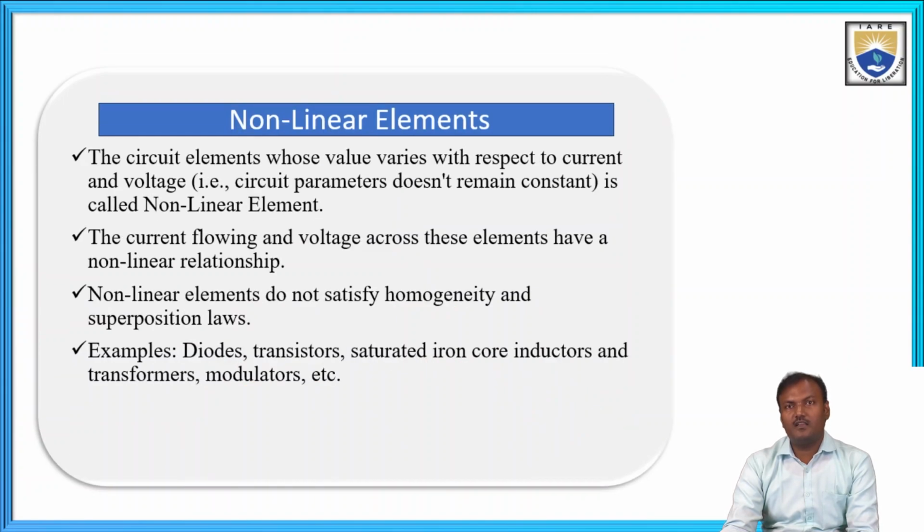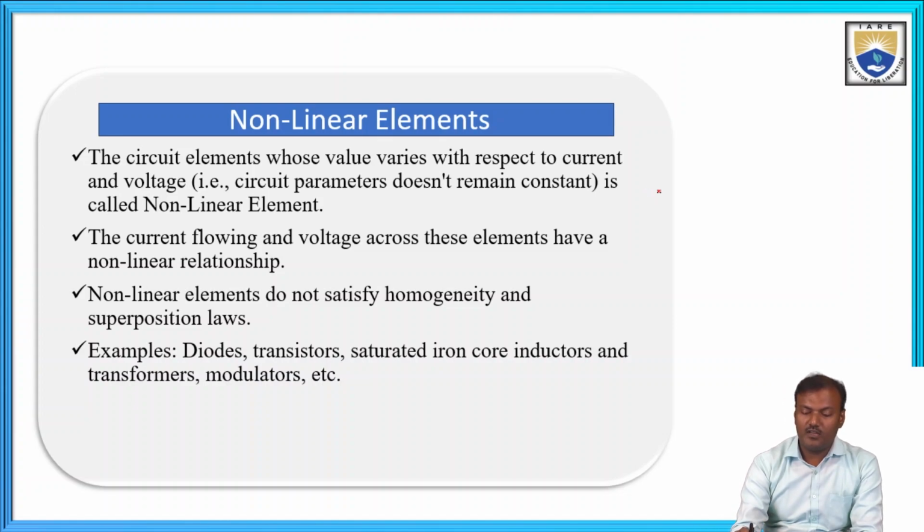Next one is non-linear elements. As compared to the previous one, linear elements follow the principle of superposition and homogeneity, with a linear relationship between voltage and current. Non-linear elements do not follow the principle of superposition and homogeneity, and the relation between voltage and current is non-linear.